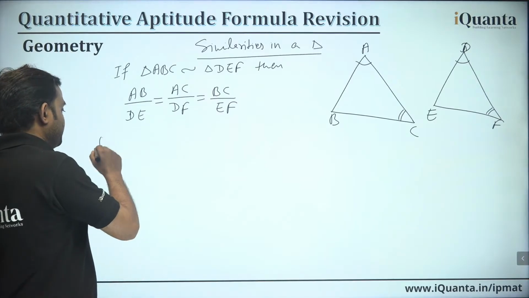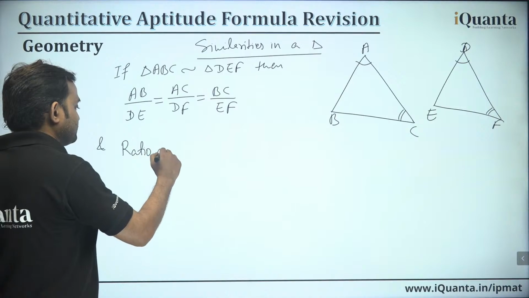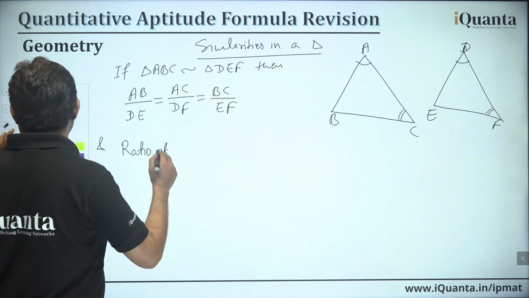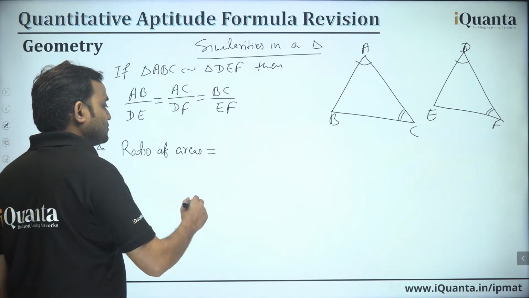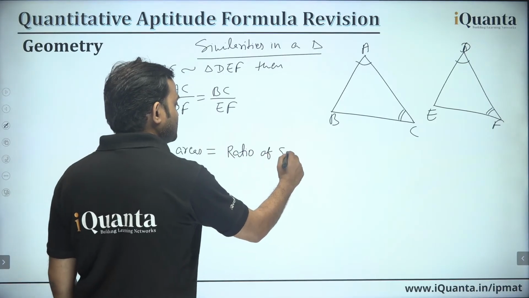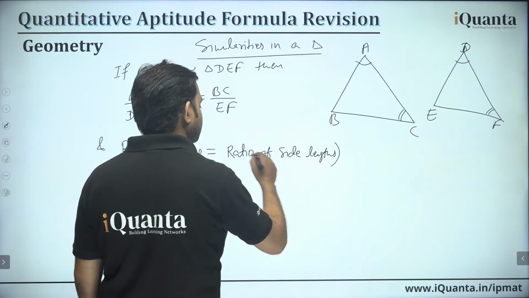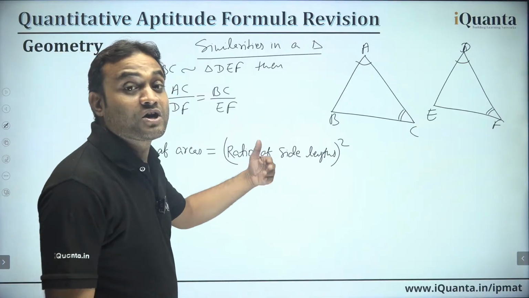And we can say the ratio of areas will be equal to the ratio of side lengths squared. Okay, so instead of side it should be corresponding side.